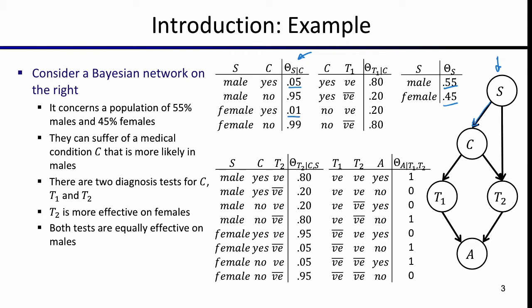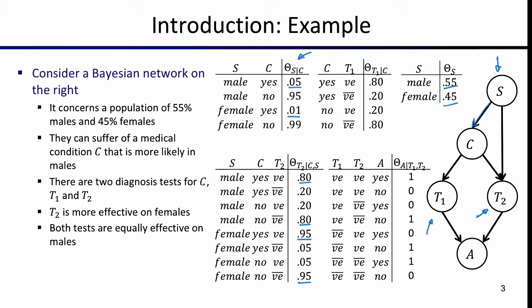And we have two tests for this condition. The tests are T1 and T2, these variables here. The test T1 is a little bit more effective on females. We see here that the true positive rate for females is 95%, and the true negative rate for females is also 95%, whereas for males they are equal and they are 80%.